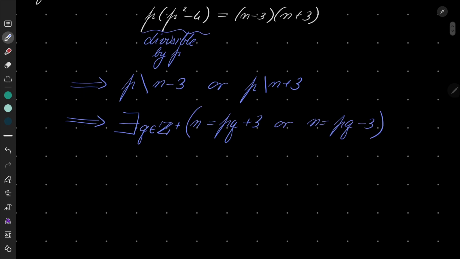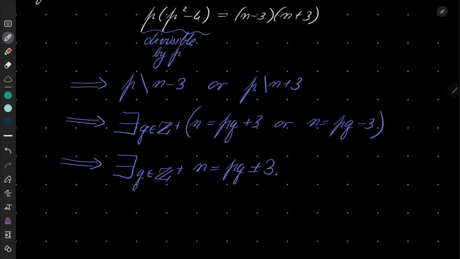Nice. Okay, and now let's combine these two cases into one. So we know that there is a positive integer q such that n equals pq plus or minus 3.